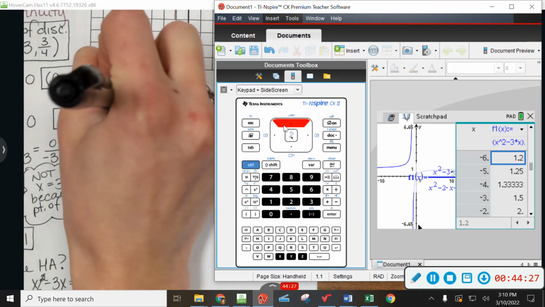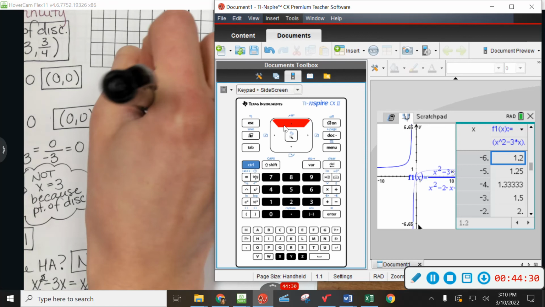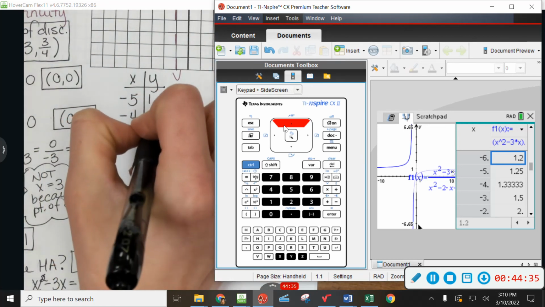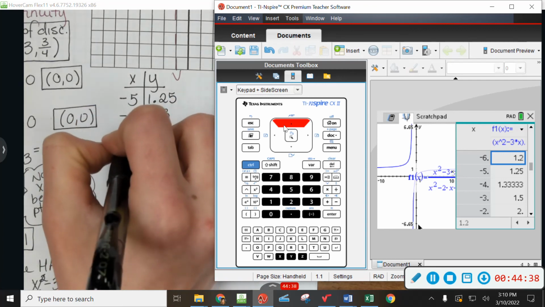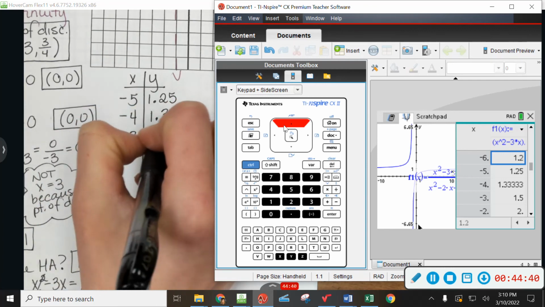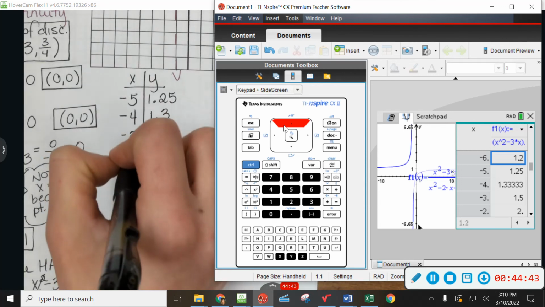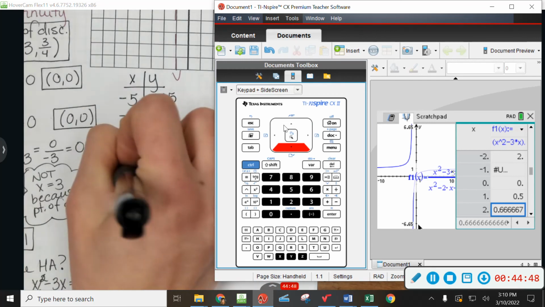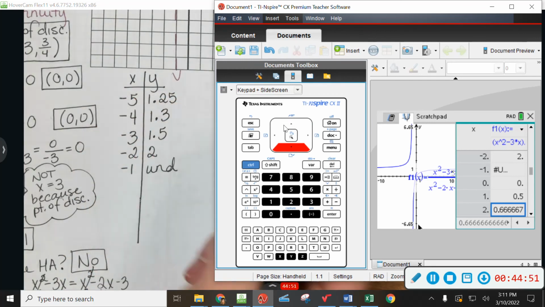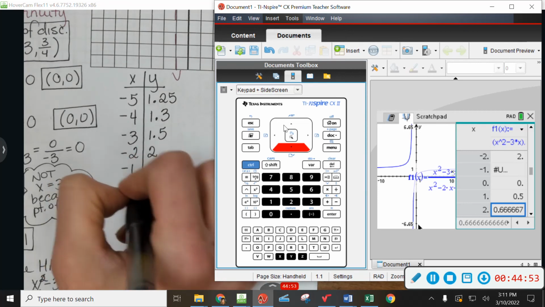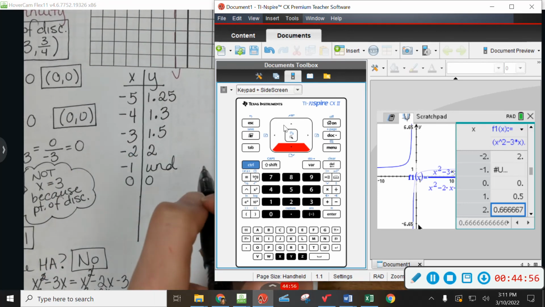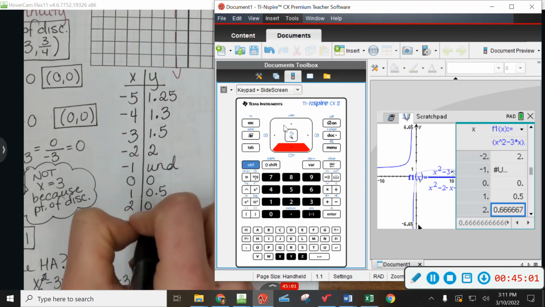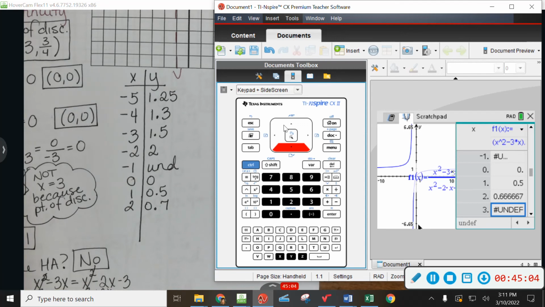So I could do -5, 1.25, -4, 1.3, -3, 1.5, -2, 2. Negative 1 should be undefined. 0, 0, that's my x and y intercept. 1, 0.5. 2, 0.7, if I rounded that.